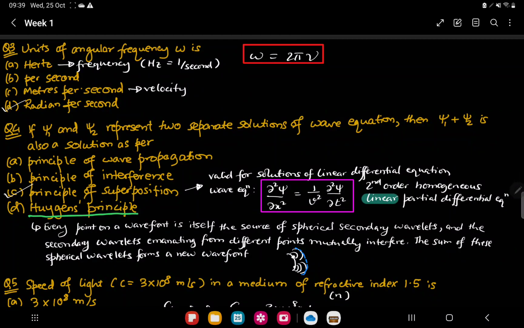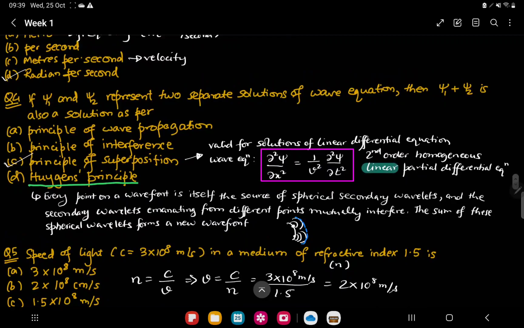Because the wave equation is linear, therefore we have the principle of superposition, which says that if psi 1 and psi 2 are two solutions of the wave equation, then psi 1 plus psi 2 is also a solution, or more generally, a psi 1 plus b psi 2 will also be a solution.